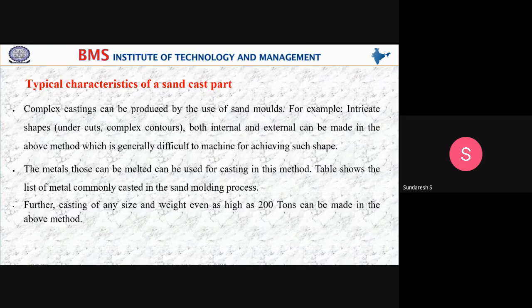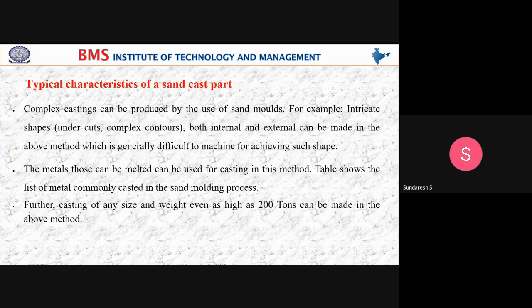Next, we will have the typical characteristics of a sand cast part. I will just quickly go through this. Complex castings can be produced by the use of sand molds, for example intricate shapes. Undercuts or complex contours, both internal and external, can be made by this method, which are generally difficult to machine.